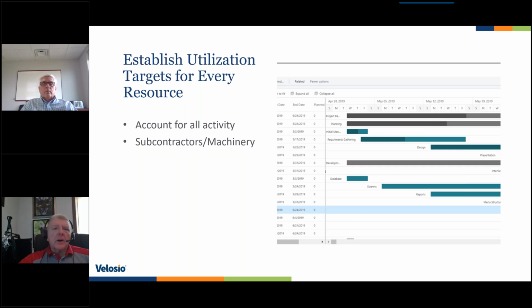As we talk about resources, we want to be able to account for all that activity. As I alluded to a second ago, we also want to be able to establish targets and track the resource utilization for those things that might not be traditionally considered resources. By that, I mean subcontractors and possibly machinery. So let's start with the first bullet point, Jeff, accounting for all activity.